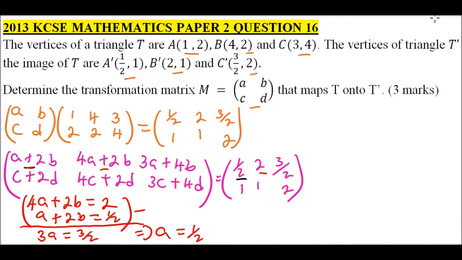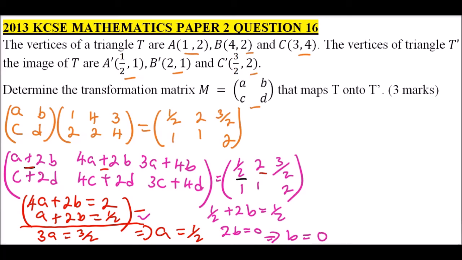If A is a half, we can substitute A in the second equation and say a half plus 2B is equal to a half. So subtract a half from both sides, this will be 0. So 2B is equal to 0, implying that B is equal to 0.